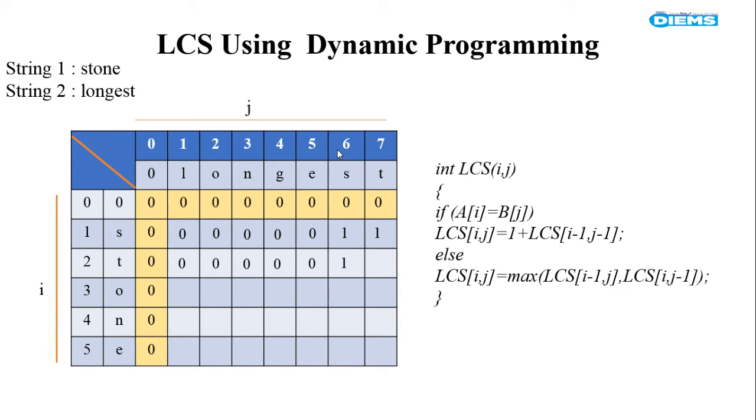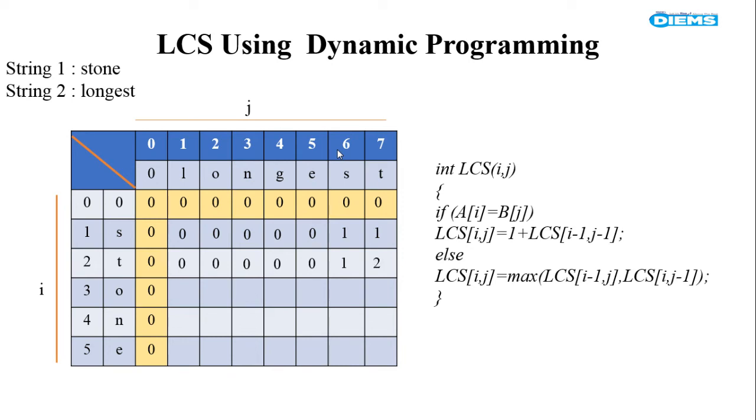Right? Now T and T, both are matching with each other. What you have to do? You have to add 1 plus the result of LCS of i minus 1, j minus 1, which is 1 only. So 1 plus 1 is 2.